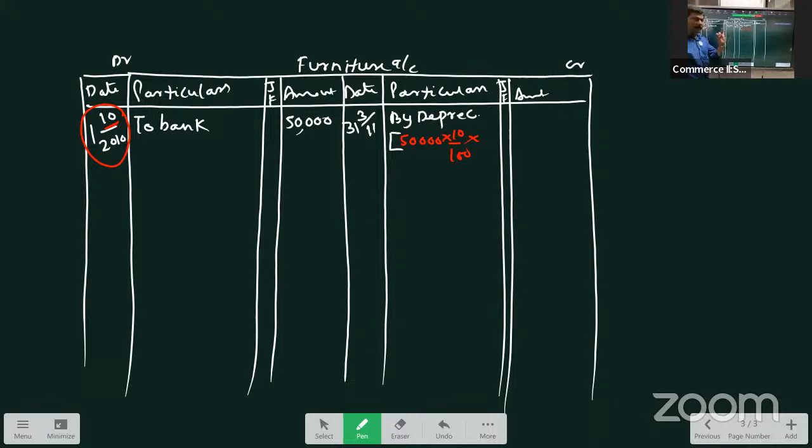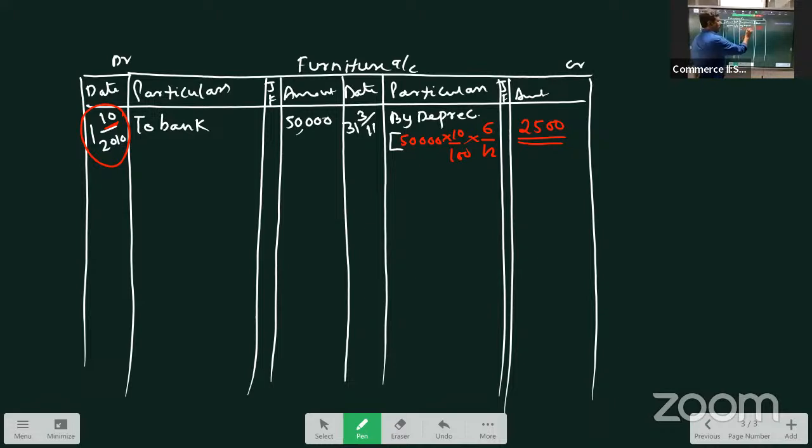October. October, November, December, January, February, March. 6 months. So for 6 months we have to calculate depreciation. 50,000 into 10 by 100 into 6 by 12 would come down to 2,500. Isn't it? Pay attention here.